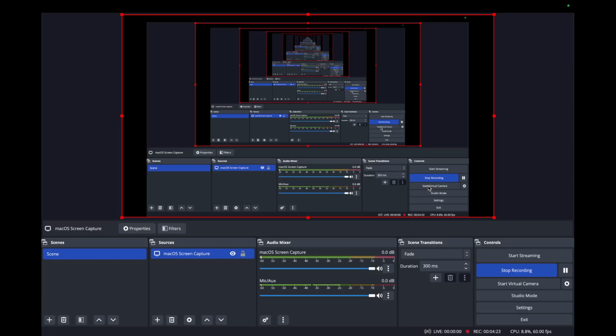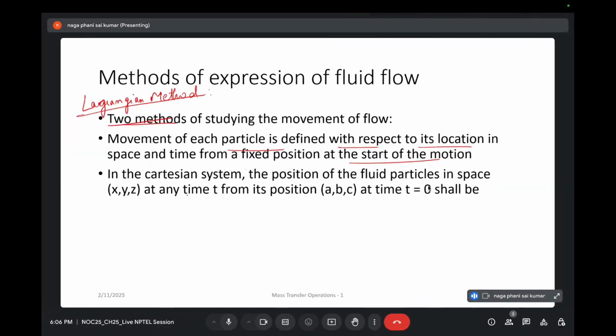So in Cartesian system, the position of a fluid particle in space at any time t from its position a, b, c at time t equals 0 shall be given as follows. As I've told you, it is both a function of time and spatial coordinates, right?